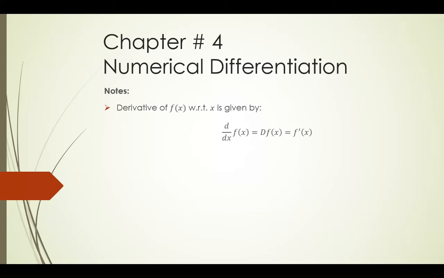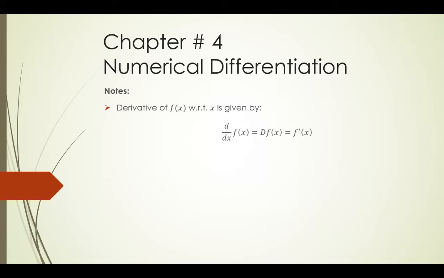So d by dx of f of x can also be denoted by capital D of f of x. It means that d by dx is denoted by capital D. So you can write capital D instead of d by dx.